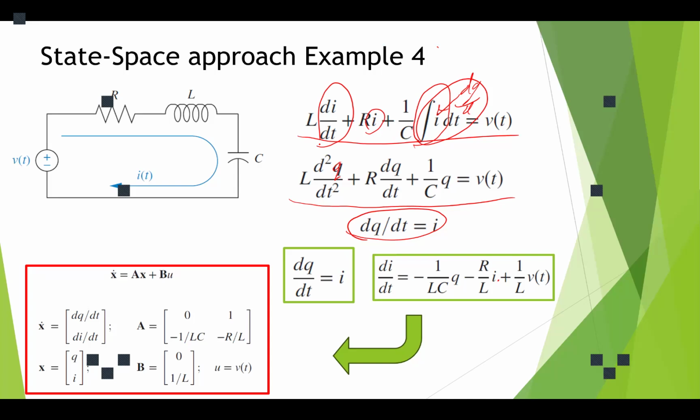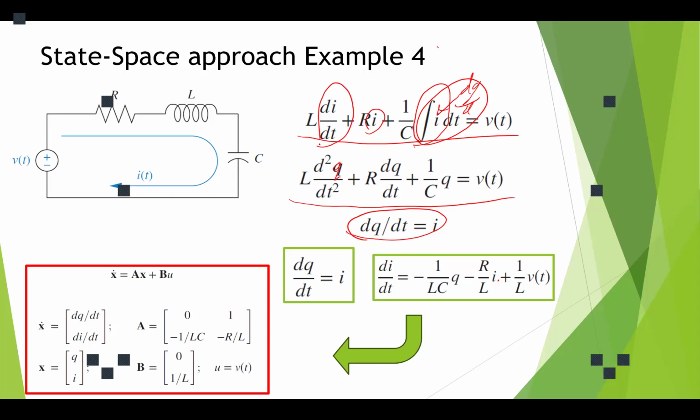This q does not necessarily represent a charge or any kind of concept, okay? Are we good on that? Is that clear? We define the q as a state variable.